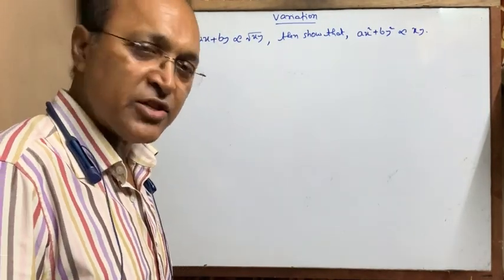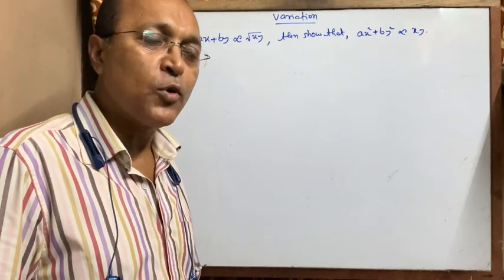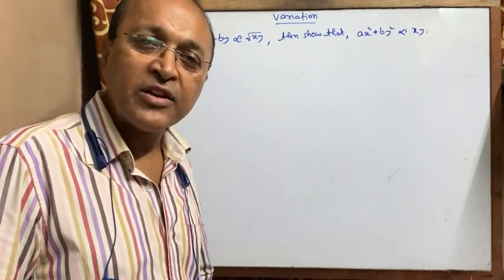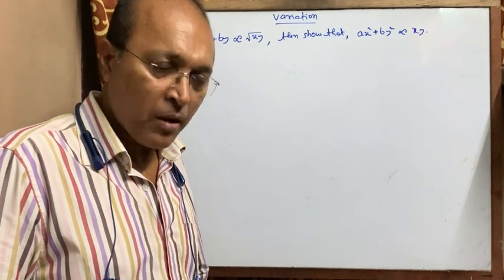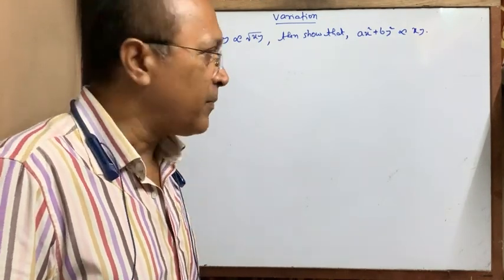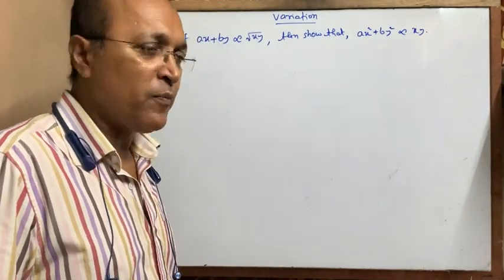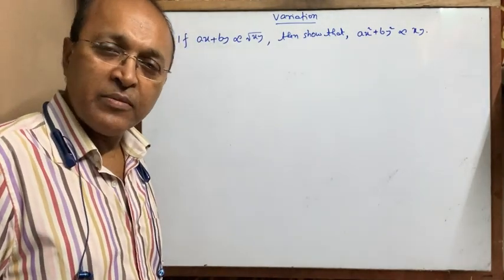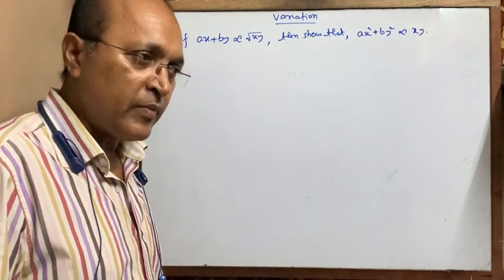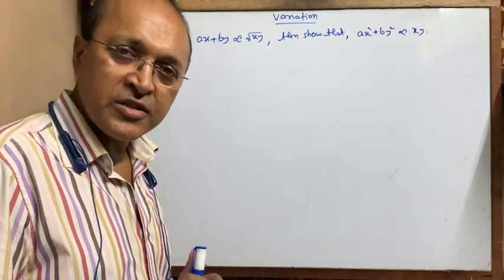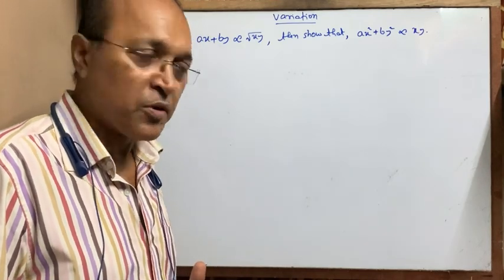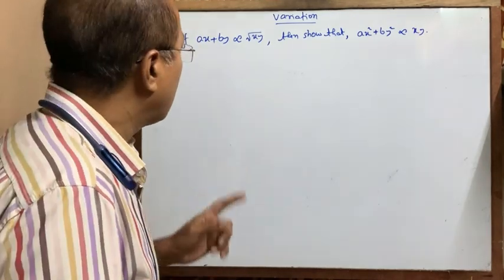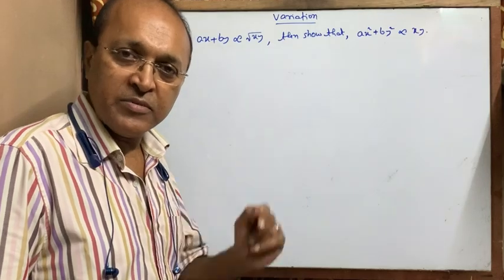Today's topic is variation. You already know what variation is, and we have done a number of classes on it. Today I am going to show you a few outstanding problems. Since these are secondary classes, you already have the basic ideas, so you should go through these sorts of problems.